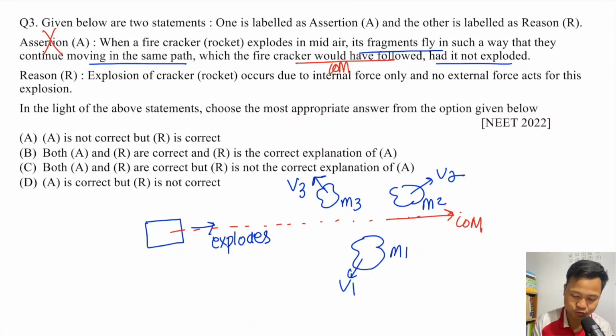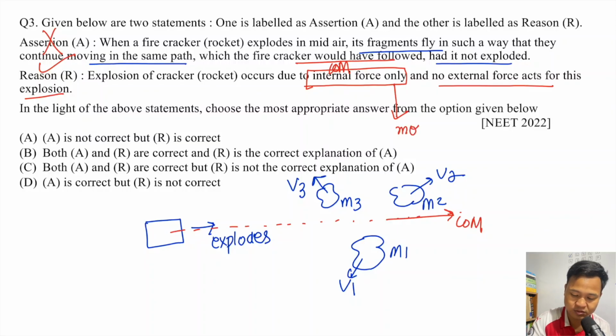But the explosion of a cracker occurs due to internal forces only, due to its own internal energy. That is why it explodes, so there are no external forces for this explosion. So this is correct. In bomb questions like this, it is due to internal forces only, so you can conserve momentum.